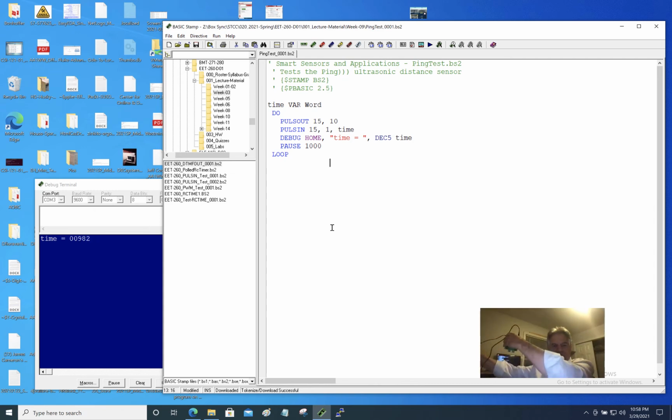Let me see, what do I do with my ruler? Well, here we go. So here's my ruler, which you may or may not see.